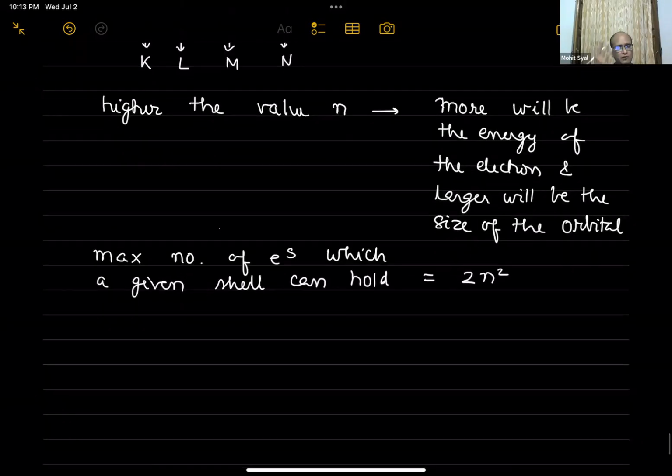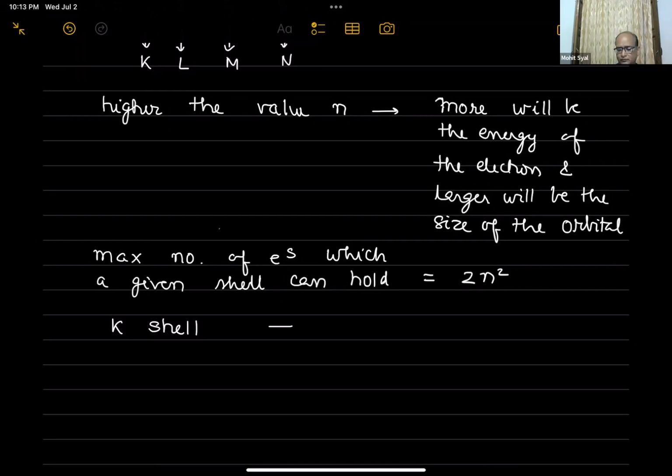You know that from your 9th class. The first shell, K shell, will have how many electrons? Maximum 2. For hydrogen it is just 1, for helium it is 2.